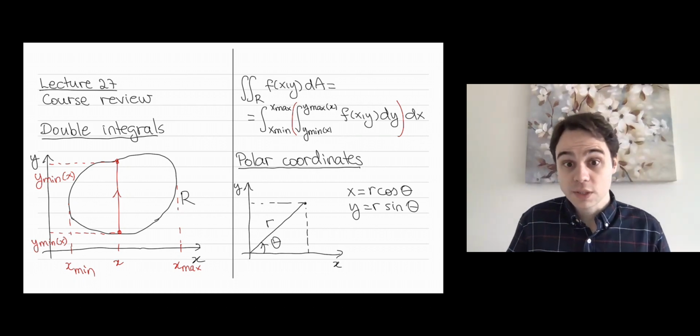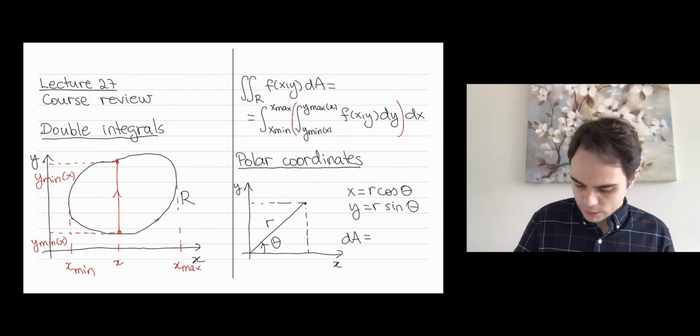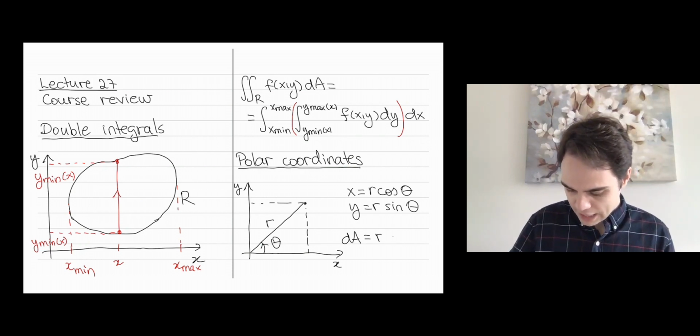And crucially, when we integrate with polar coordinates, the very important part is to remember that dA is r dr d theta.